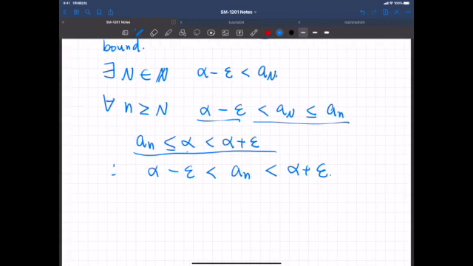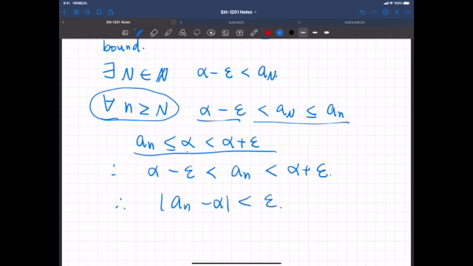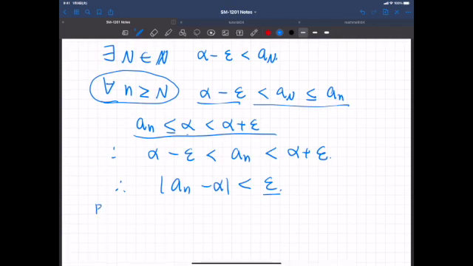Remember we are considering only these natural numbers. So that means |a_n minus alpha| is less than epsilon. But this epsilon is arbitrary, so it can be any value as long as it's positive.